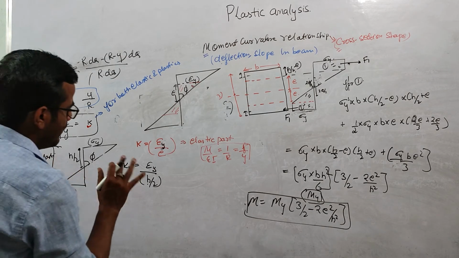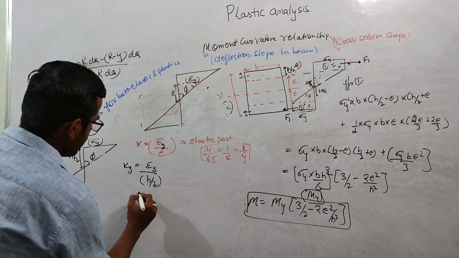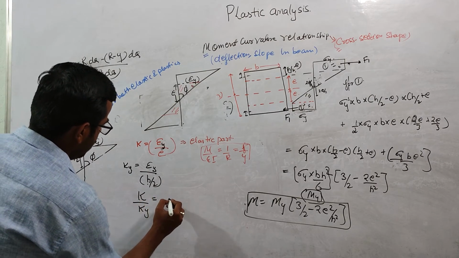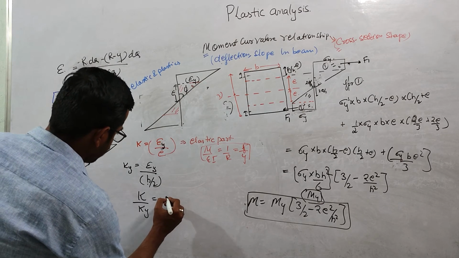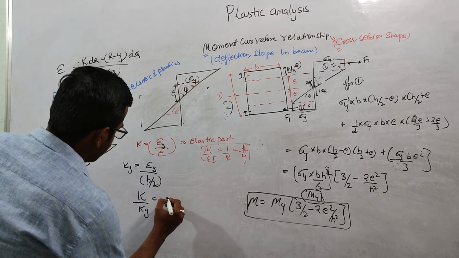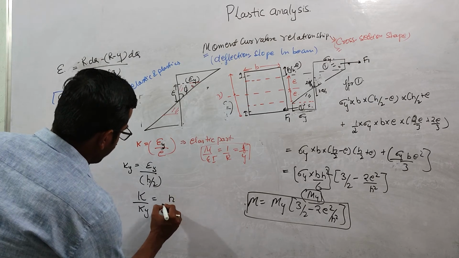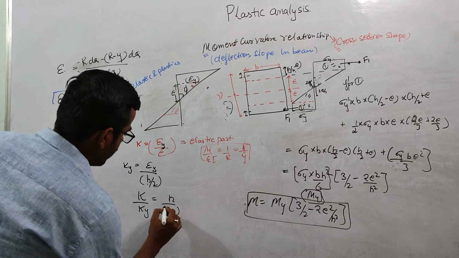And if you divide this, k over ky will be equal to h over 2e.